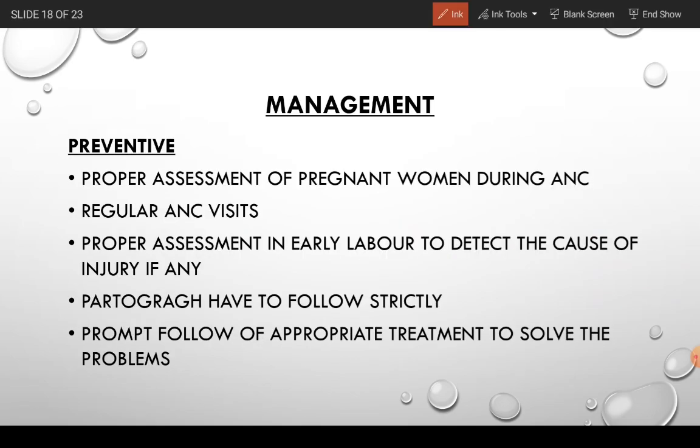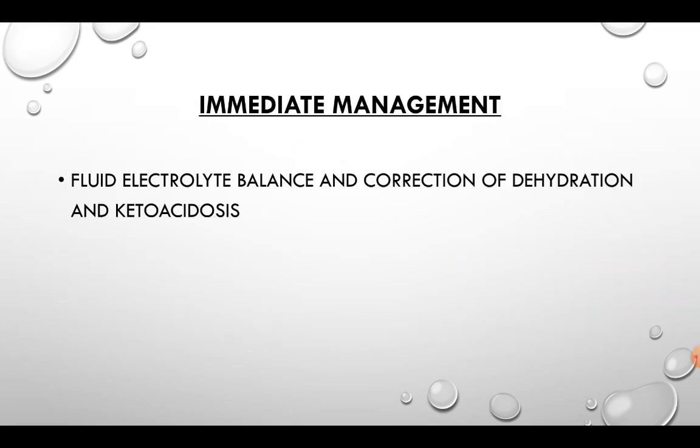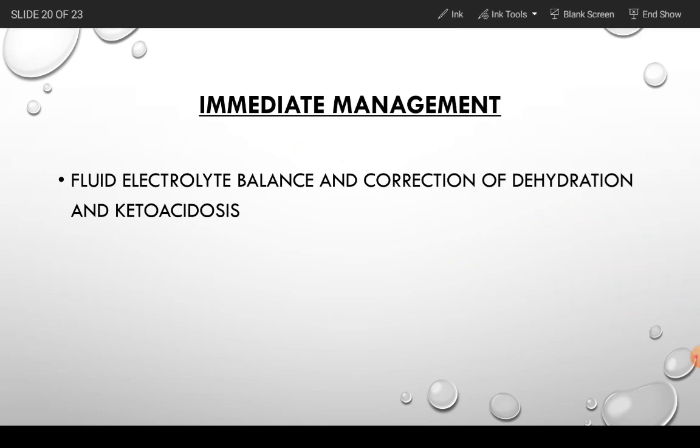So how can you manage this? Proper antenatal care and partogram you have to monitor. So this is to prevent. While if it has already occurred, how can you manage? Then you have to correct everything. So you know that the mom has gone to hypotension, so you have to correct it by giving fluid.